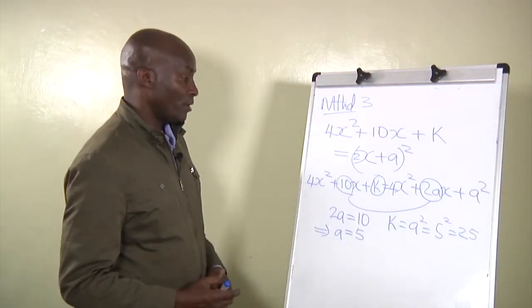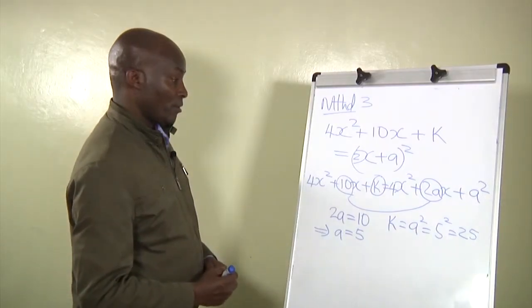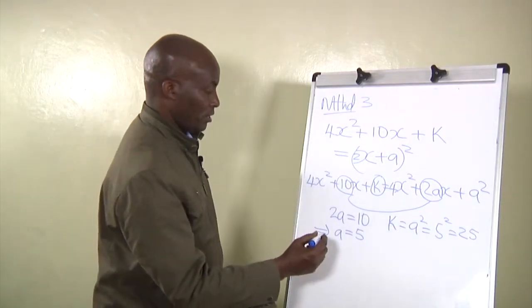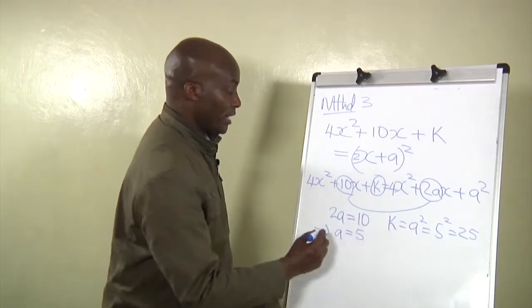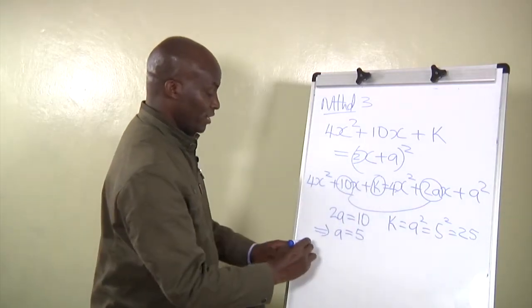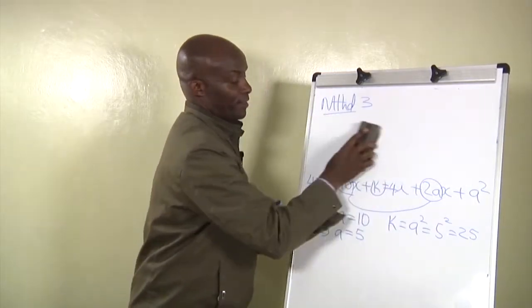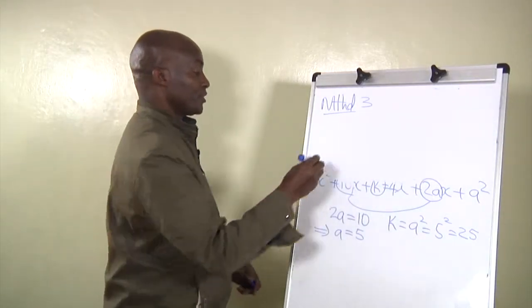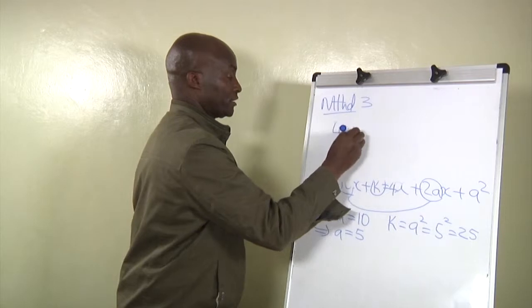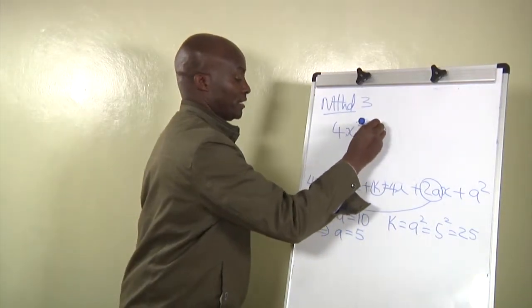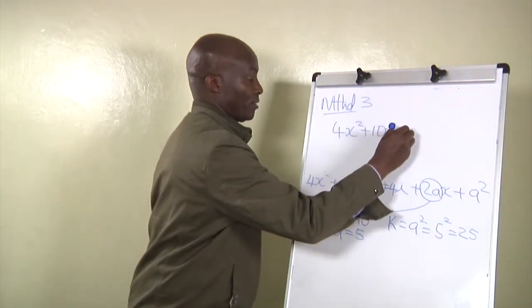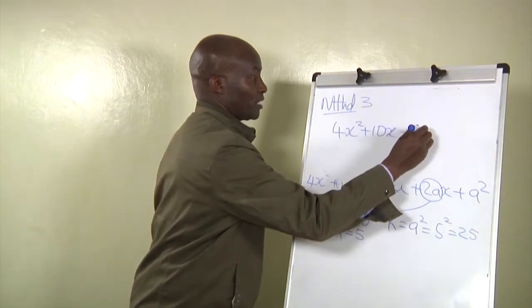And therefore, when we now bring the value of k, the expression becomes 4x squared plus 10x plus 25.